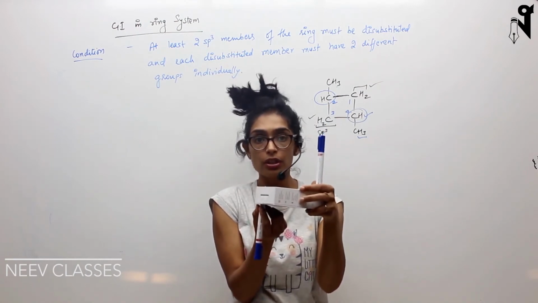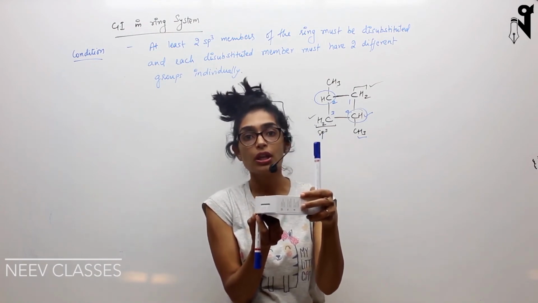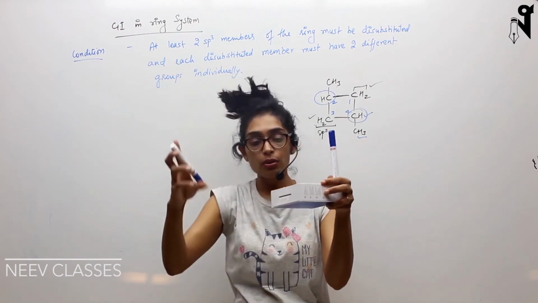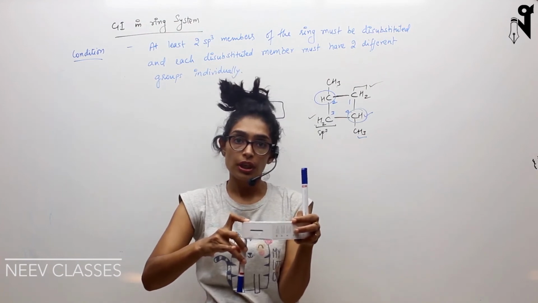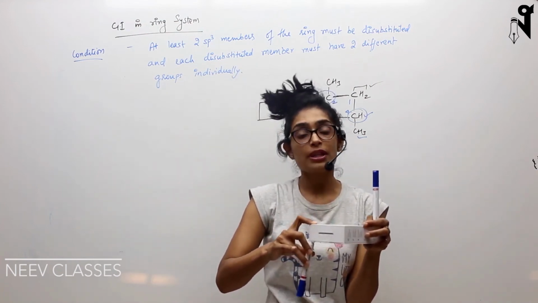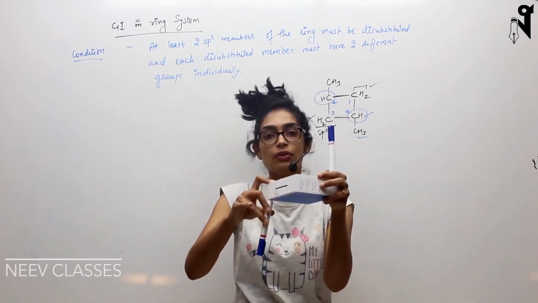This configuration cannot be formed automatically. It cannot be an automatic conversion, but it will require some energy to break this bond, and then that molecule will rearrange and put the CH3s in the trans position. That is why these two molecules are two different molecules, because they have different energies and are isolable with respect to each other.